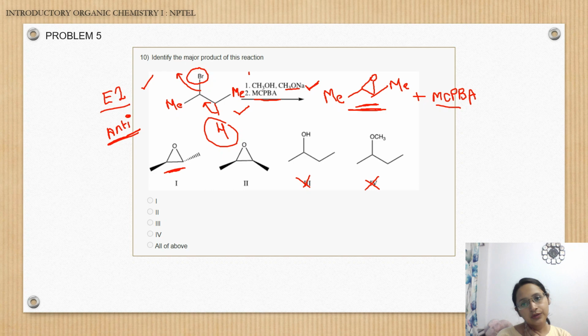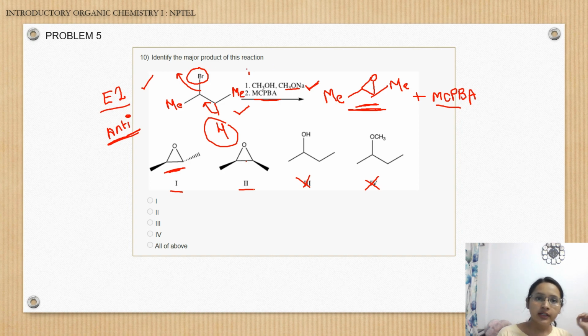So you have to answer between 1 and 2 only. What could be the possible product? Any guesses? Option 1. Because in the whole process, the stereochemistry is not going to change anyway, right? What was the stereochemistry previously in the reactant? It will remain the same in the product as well.